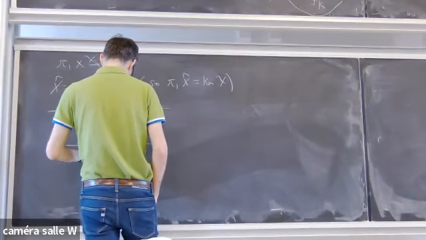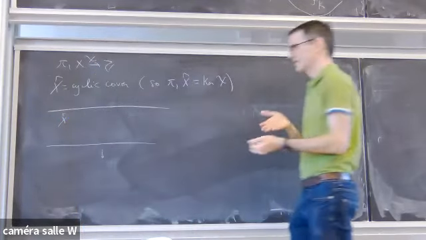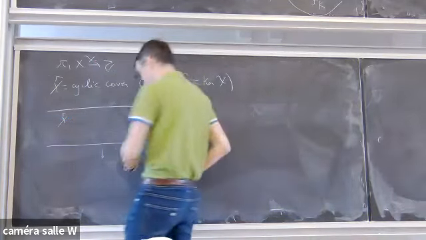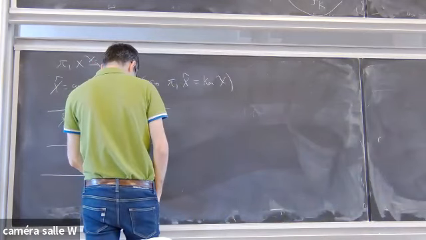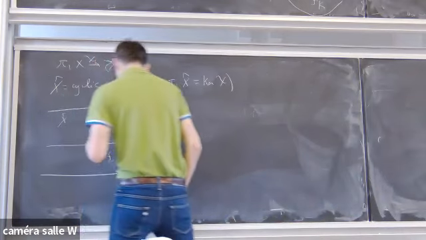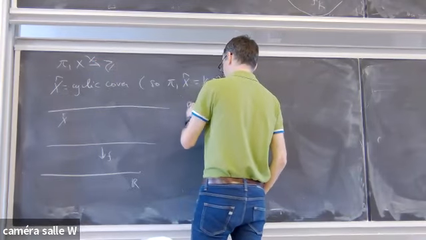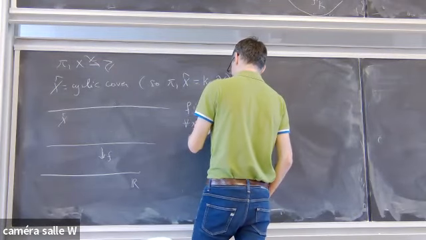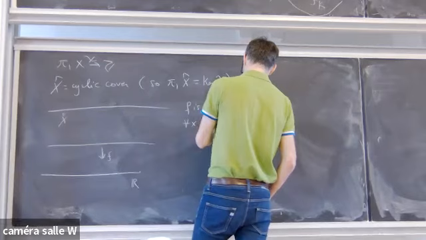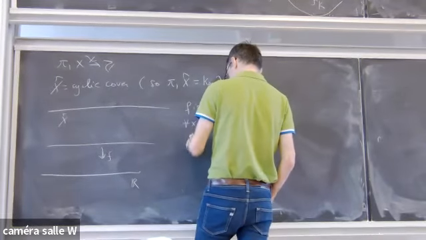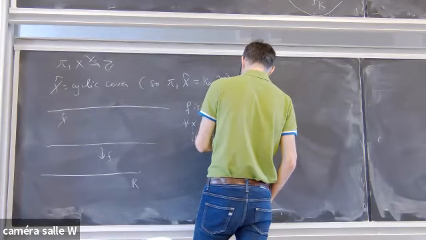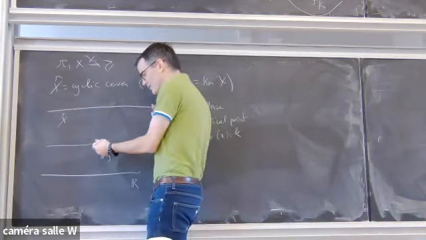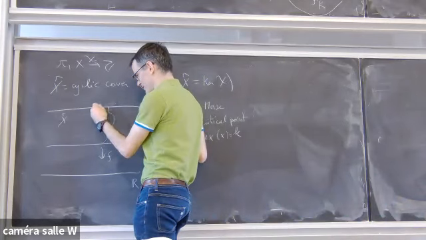Let's think that the character is induced by a map from X to the circle, and on the cover you have a map from X hat to the reals, which is Morse, and for any critical point, the index is k. So this map is proper, so this is why we need the cyclic characters.